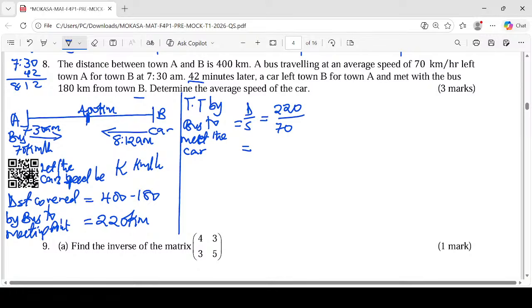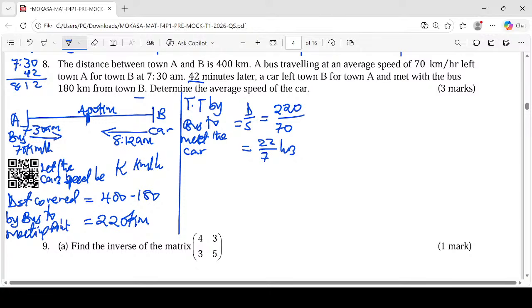This is equivalent to 22 over 7 hours. That is the time it took.